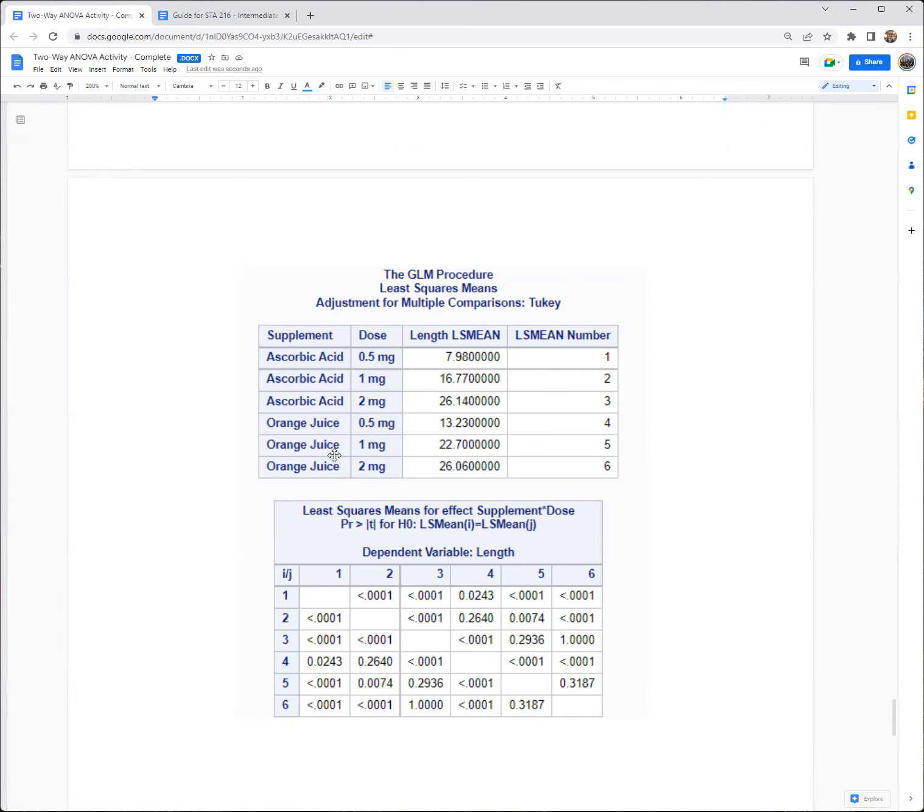Okay. So that tells us, since group 3 is 2 milligrams of ascorbic acid, that to get the highest odontoblast lengths on average, one could use ascorbic acid 2 milligrams, orange juice 1 milligram, or orange juice 2 milligrams.